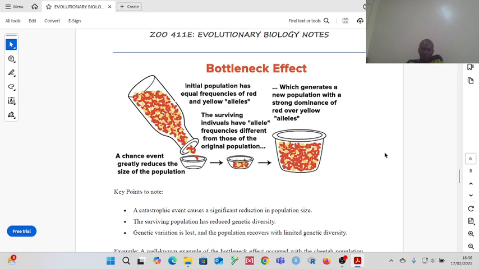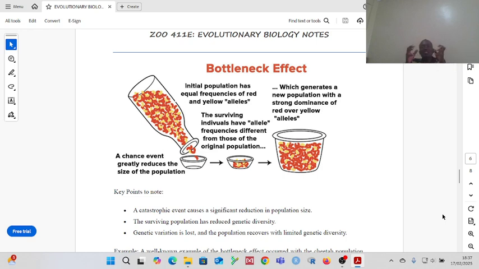But if there is a reduction in the population size of those organisms, which is the body of this bottle, then whatever survives after the chance event that led to the reduction of the population size will likely have allele frequencies that are different from those of the original population.